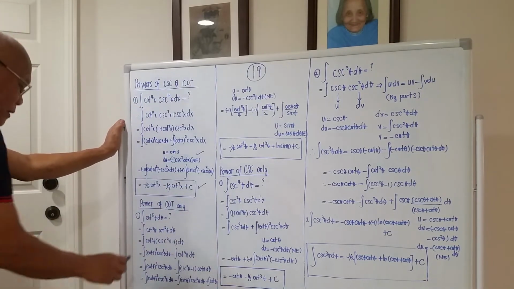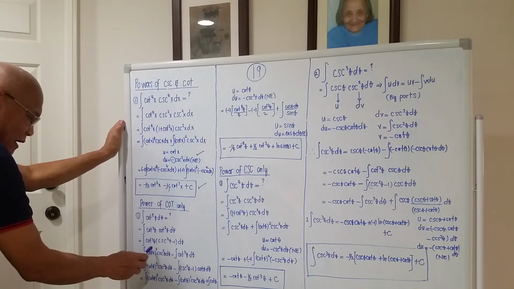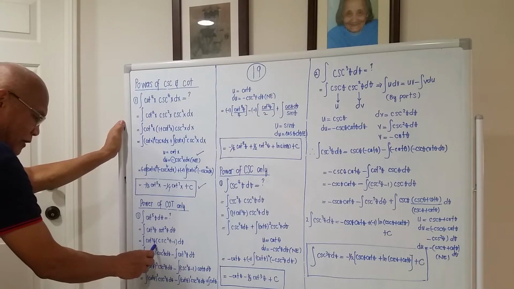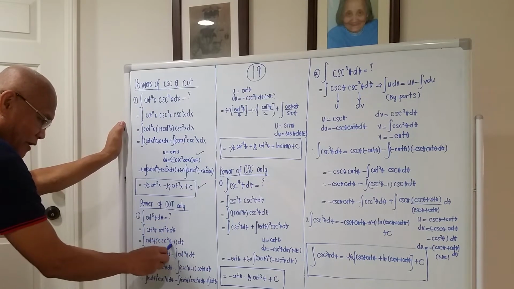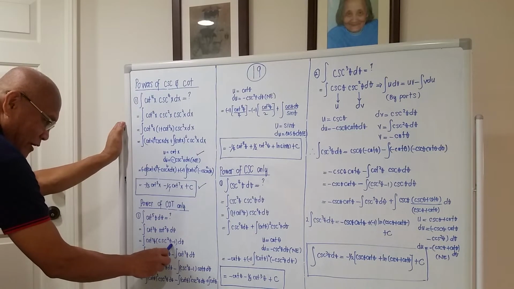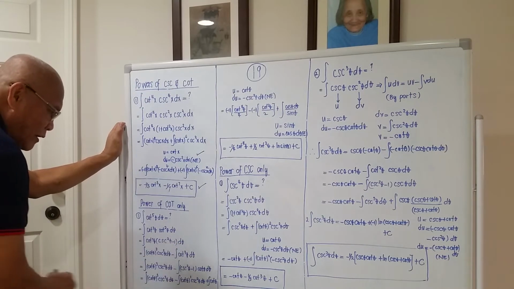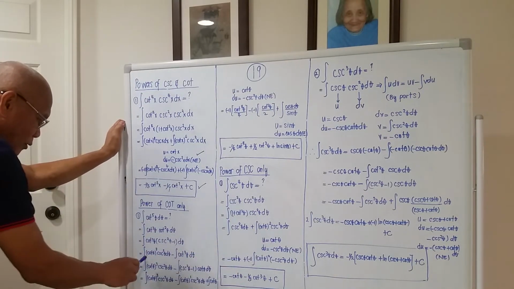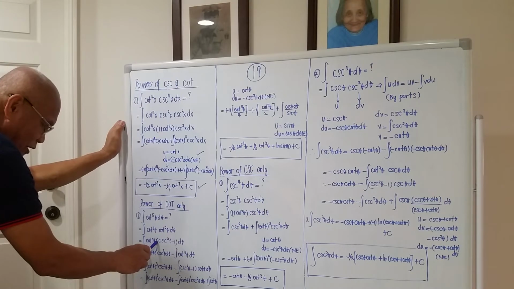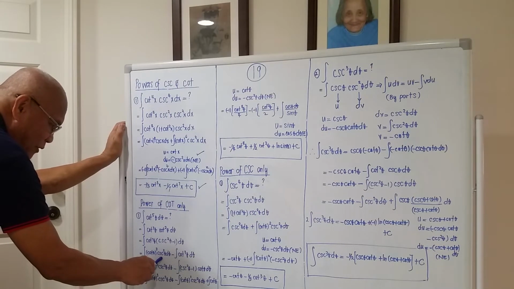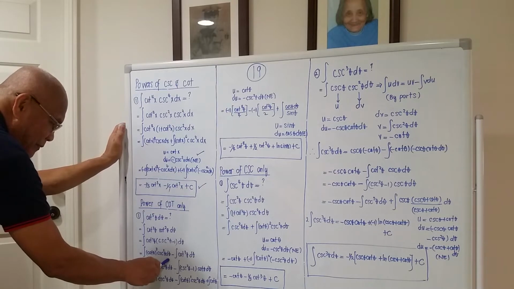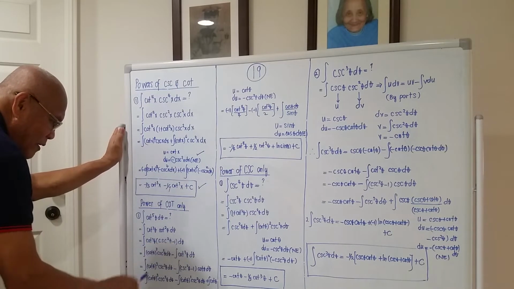The integral of cotangent cube of theta, cotangent square of theta is cosecant square of theta minus 1, times differential theta. Expanding, cotangent of theta raised to the third power, times cosecant square of theta differential theta. That's the product of this times this.